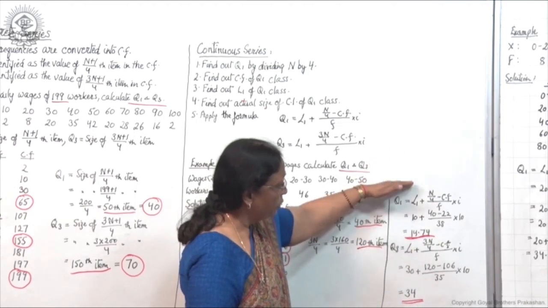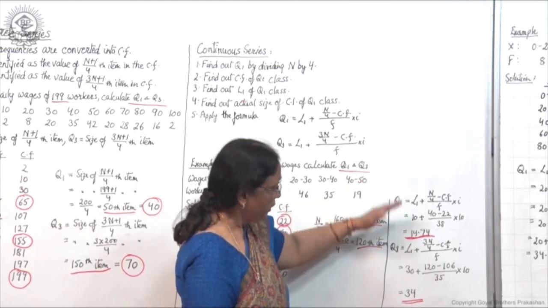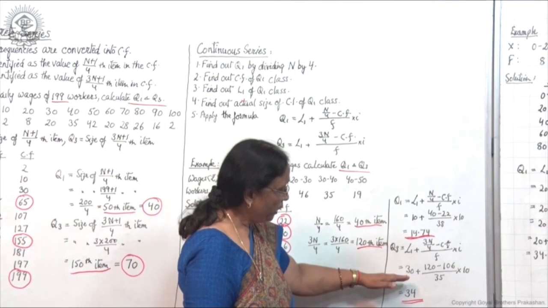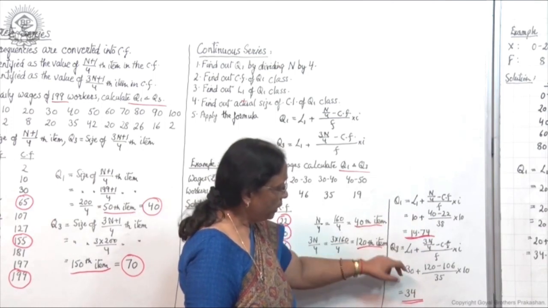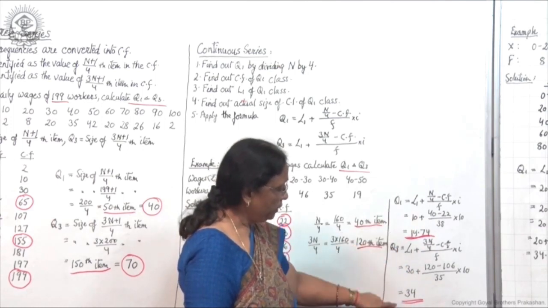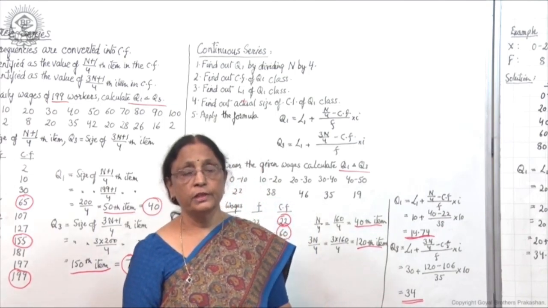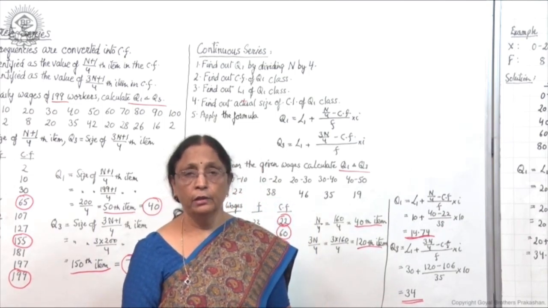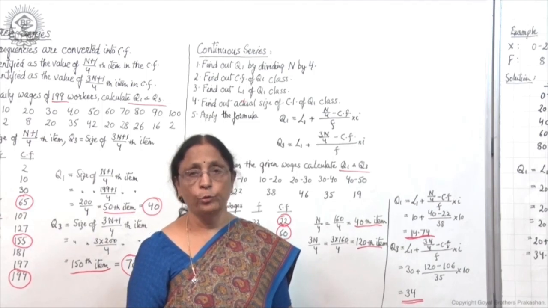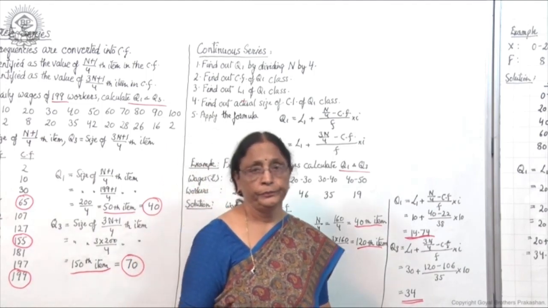Remember, you have to write down the formula in any case first, then do the calculation, put the values correctly, do the calculation correctly, and then get the answer. So this is a simple way of calculating quartiles, that is Q1 and Q3.